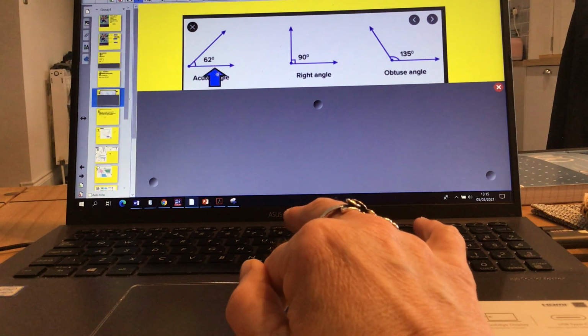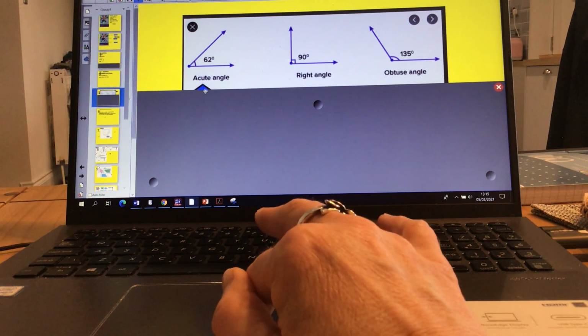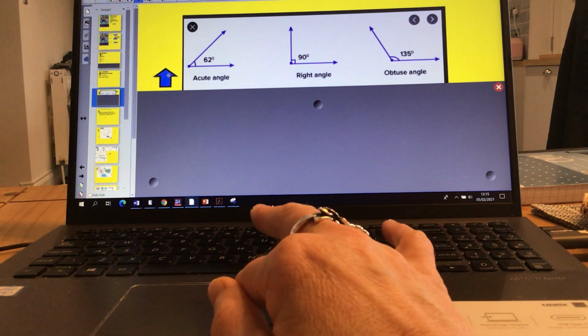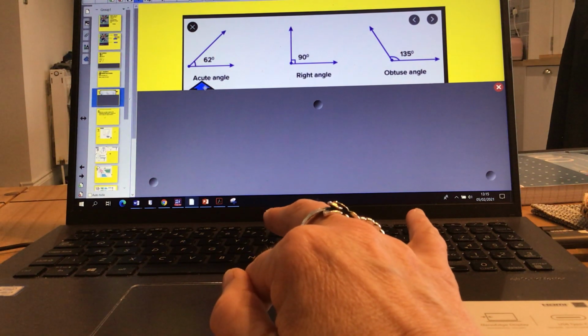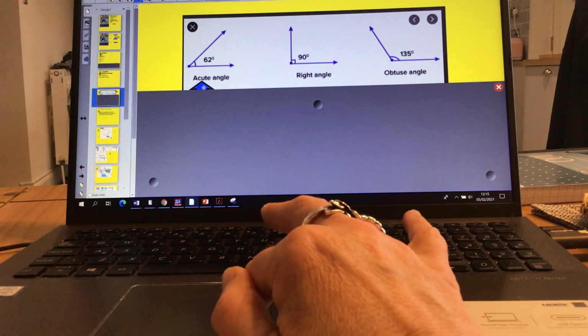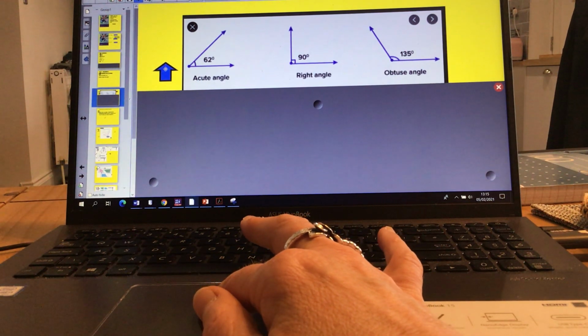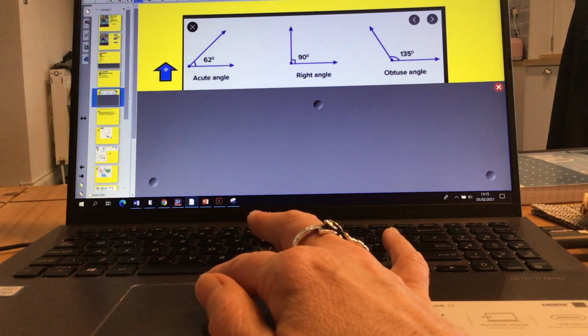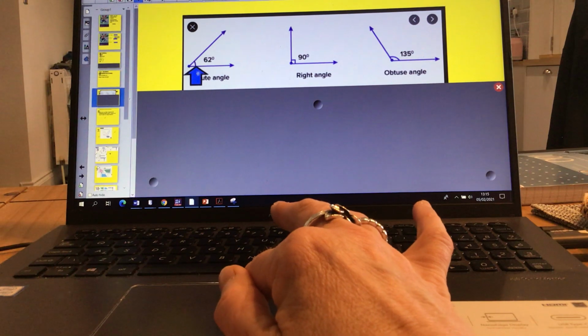Okay, and this is turned from here to here, and it says 62 degrees, and it's an acute angle. Now, I like to think about acute angles because it looks like it's got the word cute. Can you see inside the word acute? Cute always reminds me of something small and sweet and tiny, and so this here is small, isn't it?